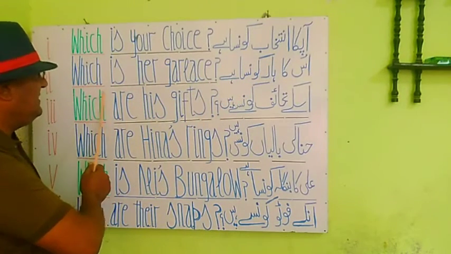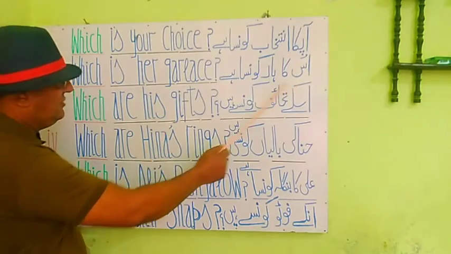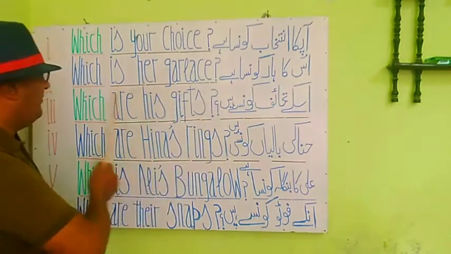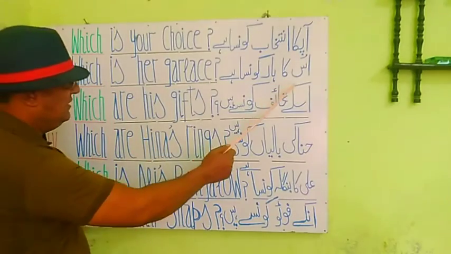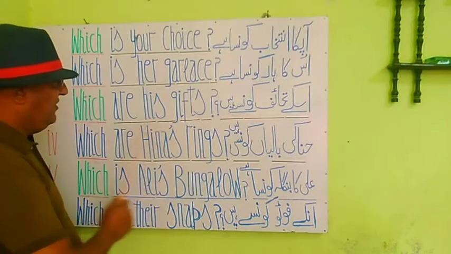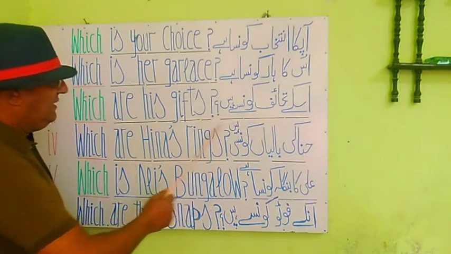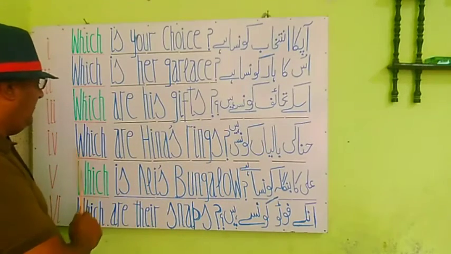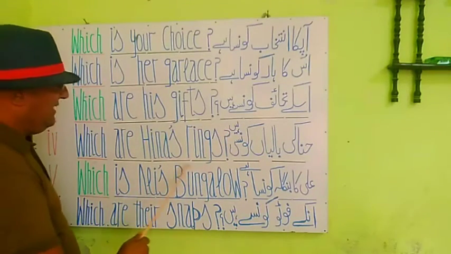And next is: Which is her necklace? उसका हार कौन सा है? And next is: Which are his gifts? उसके तोहफे कौन से हैं? And next is: Which are Hina's rings?